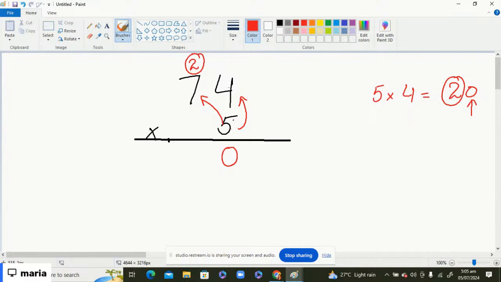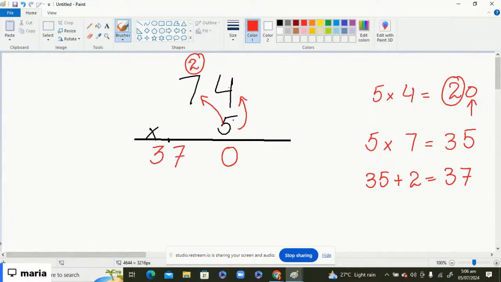We have seen that 5 times 7 is 35. Now there is a carry which is 2, so you add 35 plus 2, that is 37. So here you put 37. So the total answer is 370.